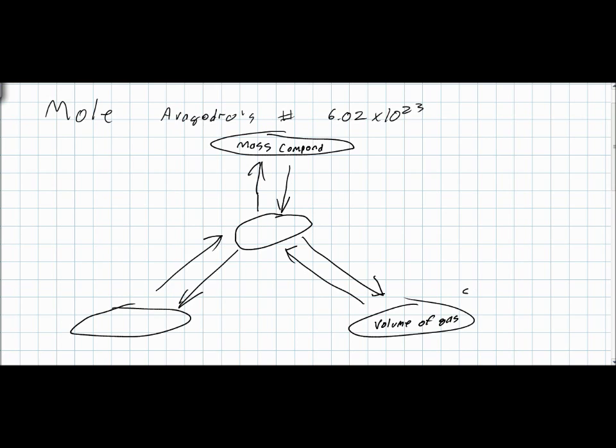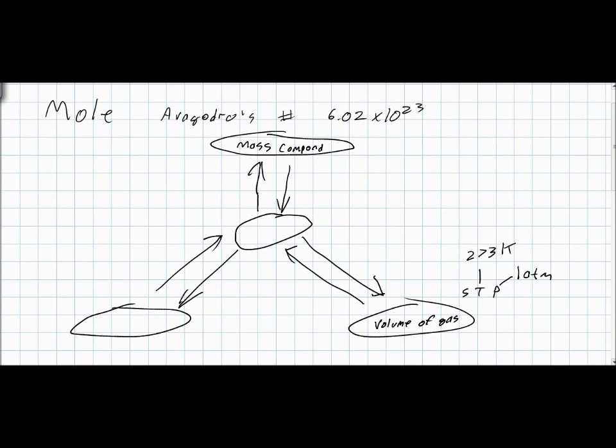This of course has to be at STP, which is standard temperature and pressure. So standard temperature is always 273 degrees Kelvin, must be Kelvin, not Celsius, and especially not Fahrenheit. And pressure, which is 1 atmosphere.